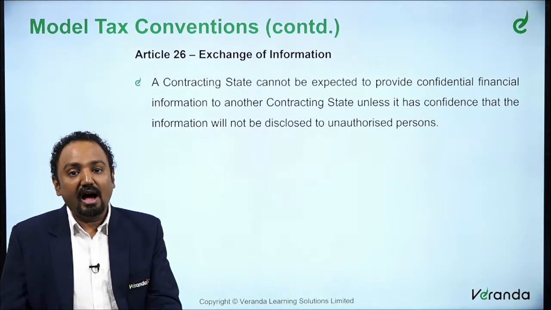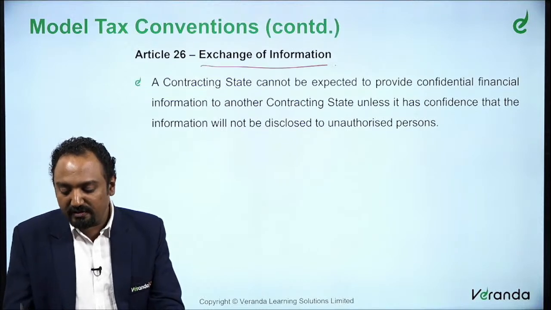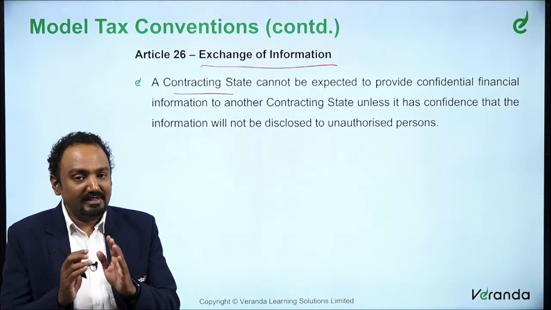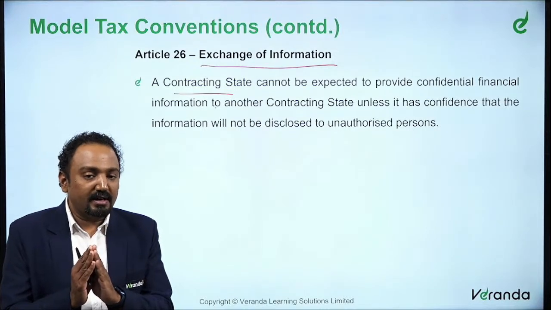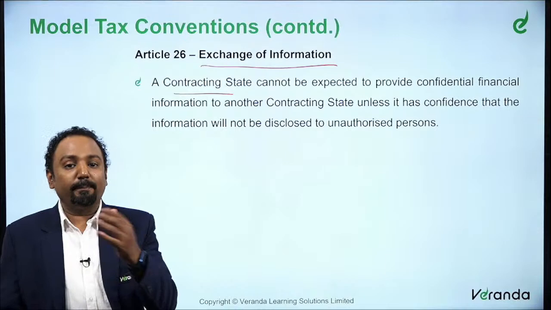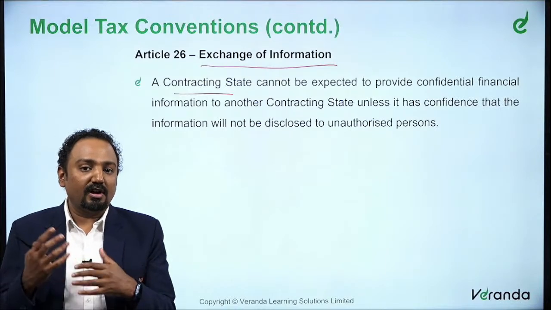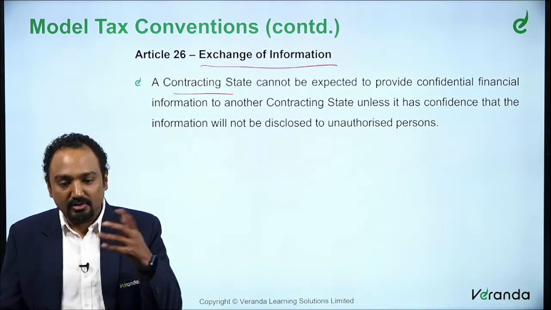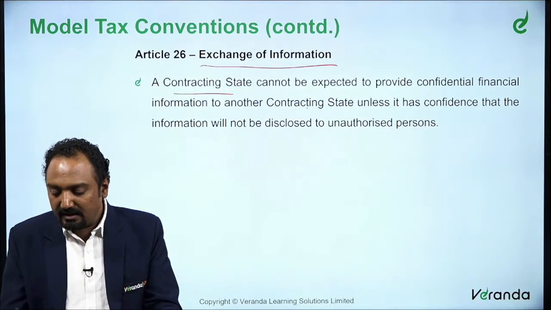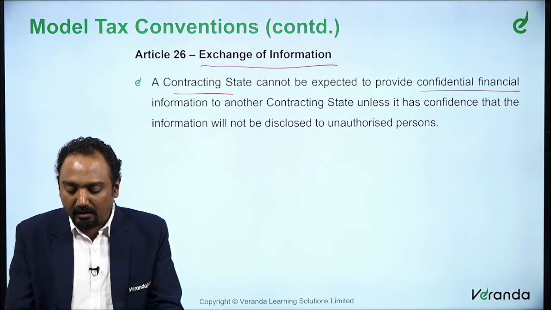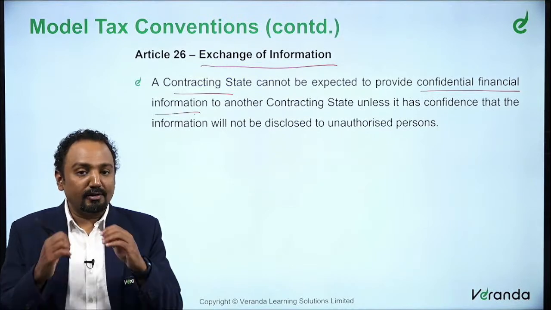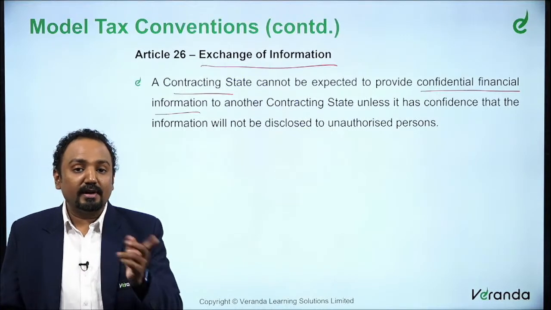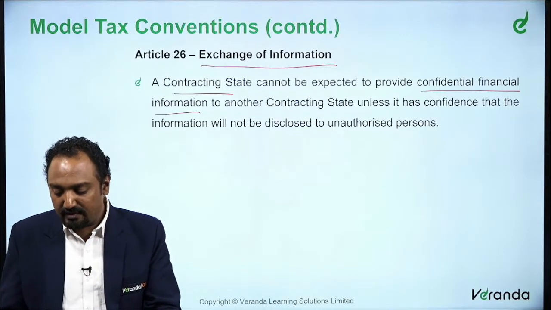Article 26 is exchange of information. Now a contracting state. We said exchange of information is permitted. We also checked whether, if asked to give all the PANs of all the assessees including the Aadhaar numbers, this is possible for the Indian government. Now they say a contracting state cannot provide confidential financial information. They will provide only to the extent required, and they will not provide it when it is confidential financial information.